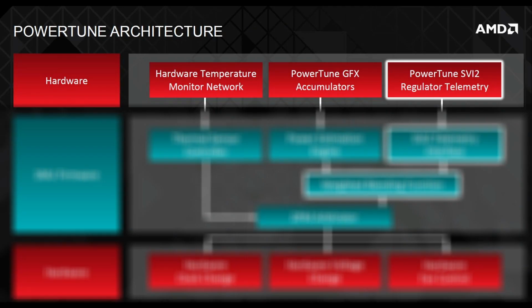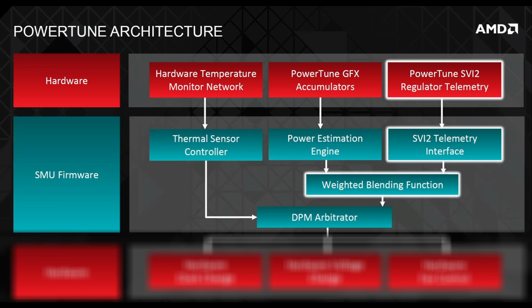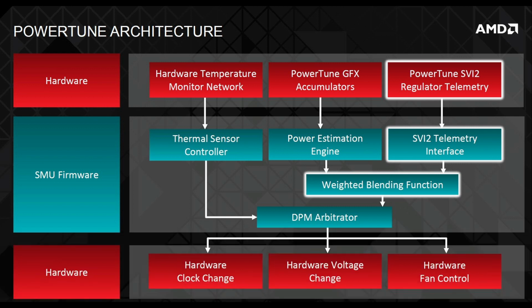As a result, the enhanced PowerTune architecture includes 3 main inputs: hardware temperature monitoring, internal power and current estimates, and external VRM telemetry inputs. The SMU evaluates these inputs and decides which is the optimal DPM state for the GPU. The DPM state then determines the clock frequency, the voltage, and the fan control setting.